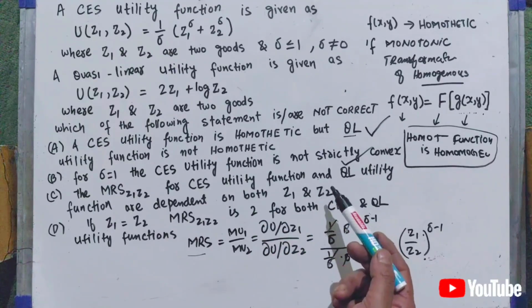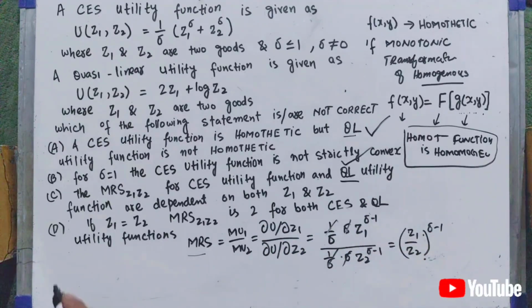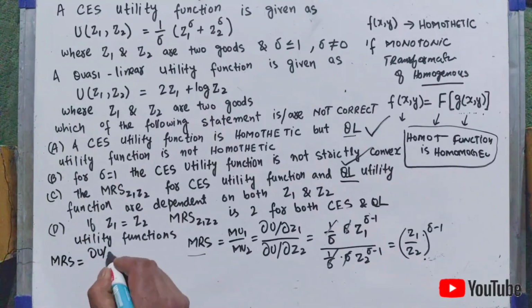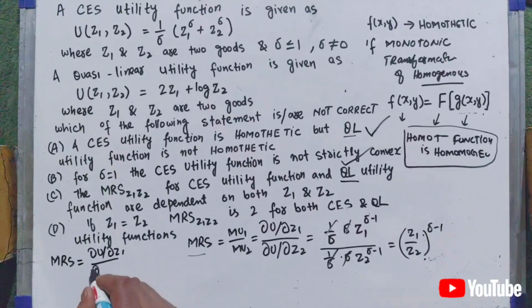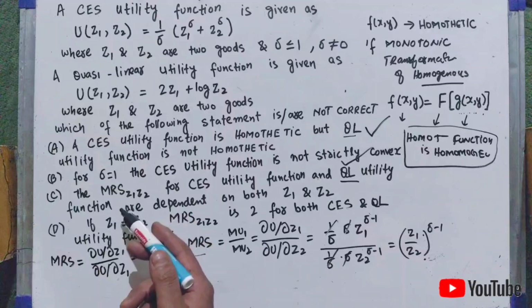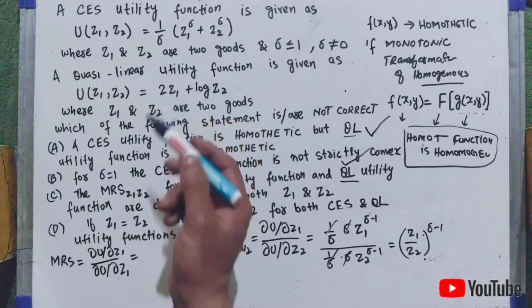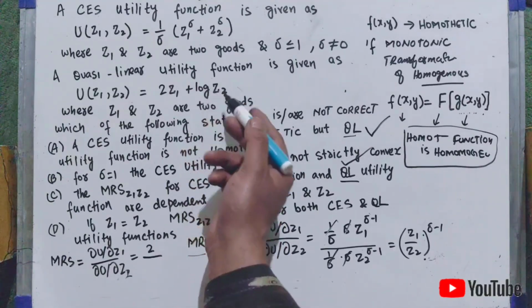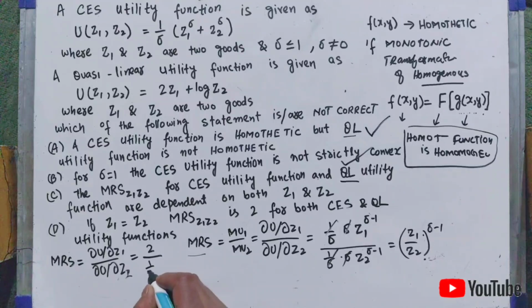What about the quasi-linear utility function? Let us take its MRS, that is del u upon del z1 divided by del u upon del z2. Taking the partial with respect to z1, we are left with only 2. Taking the partial derivative with respect to z2 this time, the derivative of log of z2 is 1 upon z2.